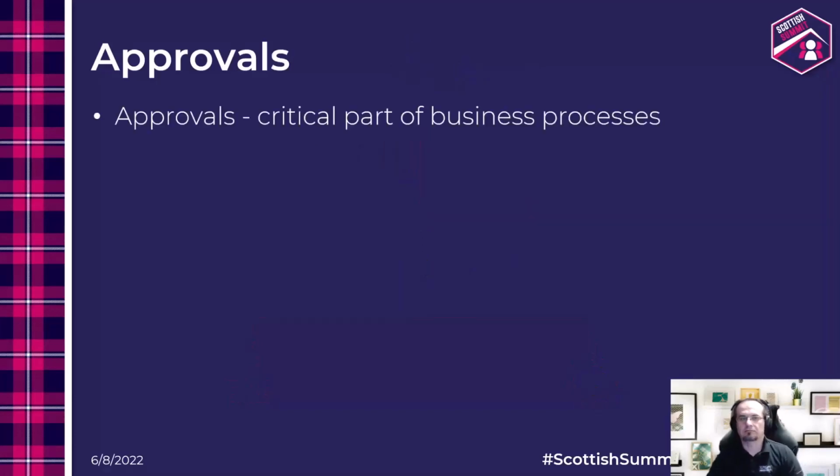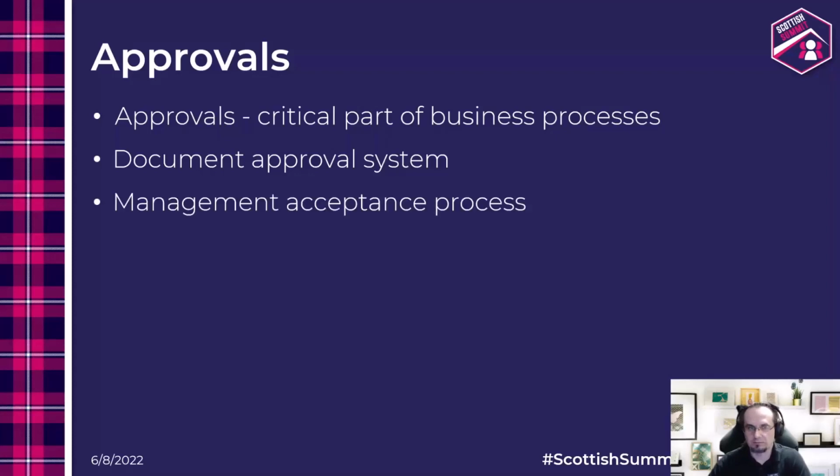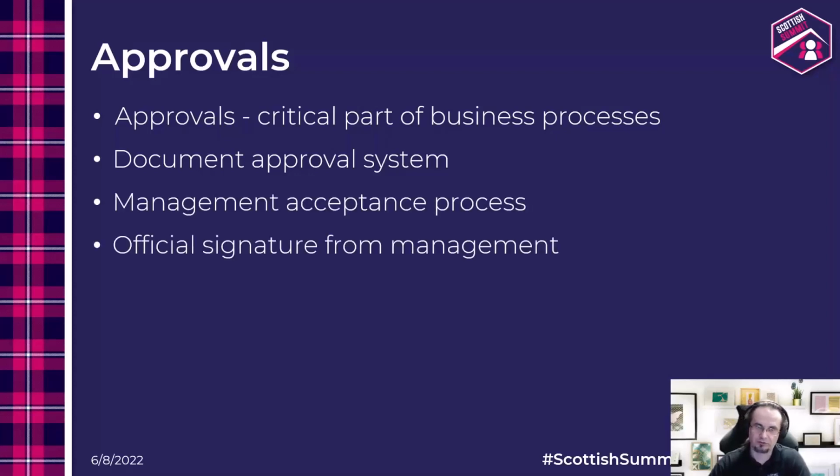You can find approvals, in fact, in every single business process. In document approval systems, when you want to approve or request some kind of document for approval. In management acceptance processes, an official signature from management: if you need some kind of signature, you send a document or a note for such signature. In back-office processes, so if you want a day off, or if you work on site and need to work from home, you can send a request to your manager.